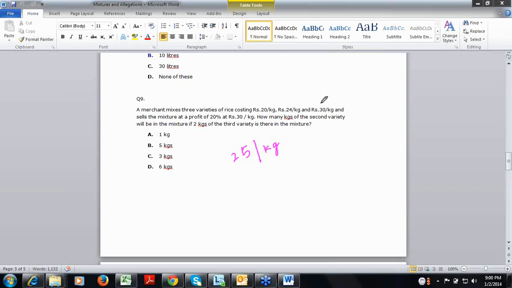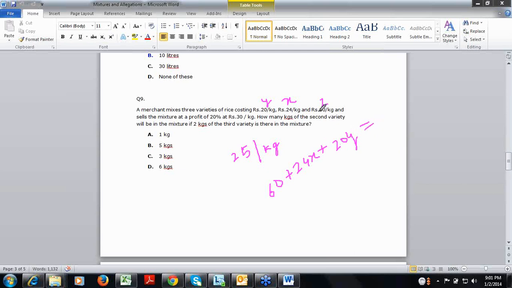Let's say the second variety is x and the first is y. So 60 plus 24x plus 20y.